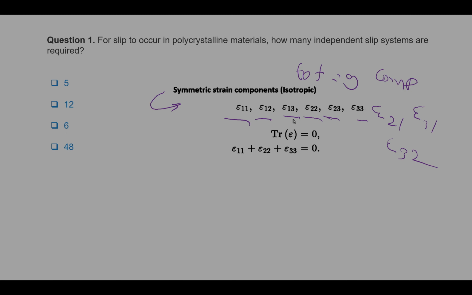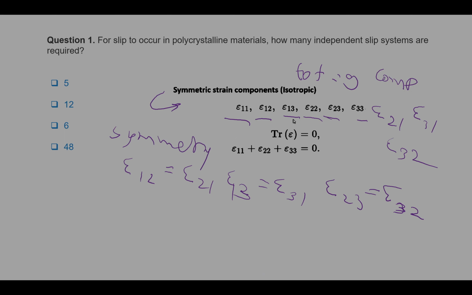In that, if it is symmetric, then epsilon 12 is equal to epsilon 21, epsilon 13 is equal to epsilon 31, and epsilon 23 is equal to epsilon 32. In polycrystalline material, we know it will be symmetric.